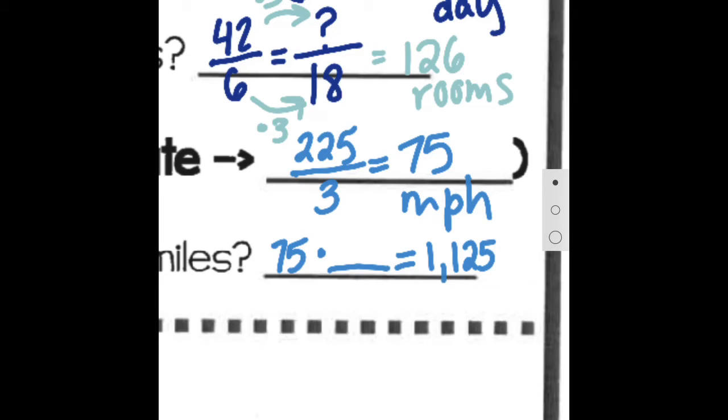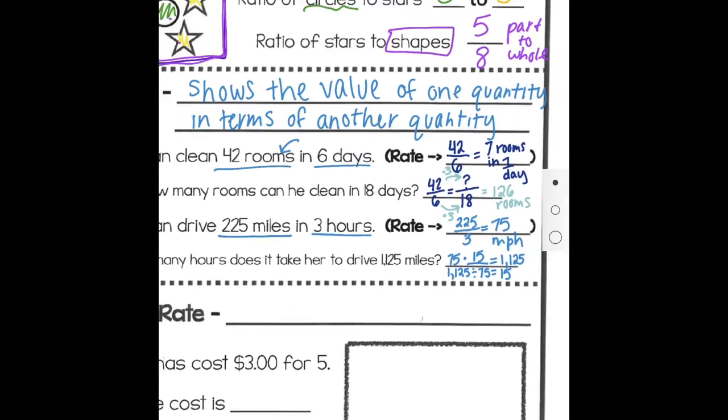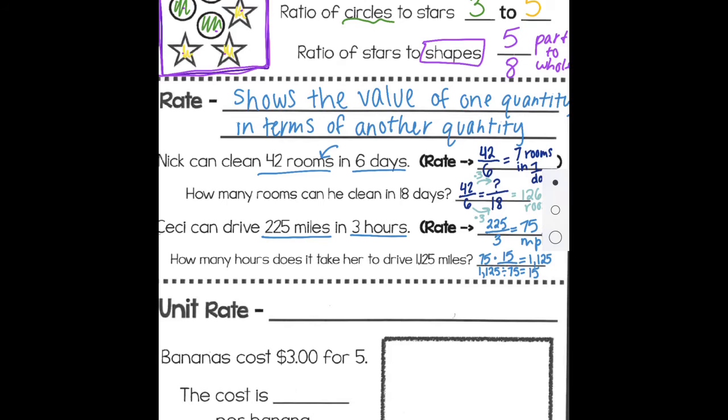The opposite of multiplying is dividing. So we can divide by 75 to get that number. So 1,125 divided by 75 is 15. So that means that Ceci traveled 15 hours to drive 1,125 miles.